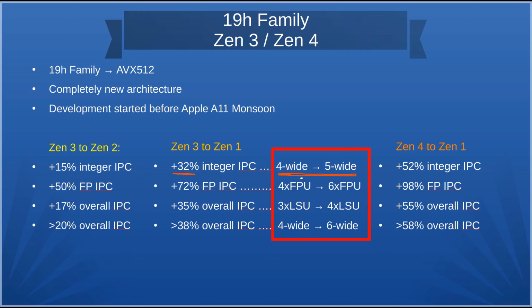And to go 6 wide would mean like a 50% uplift, which might correspond with the Zen 4. So this is unclear to me.